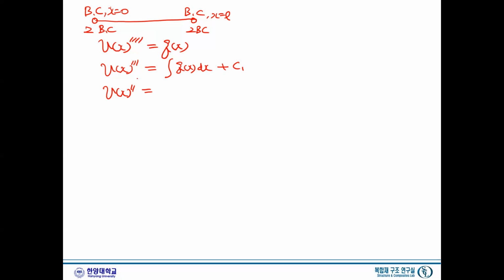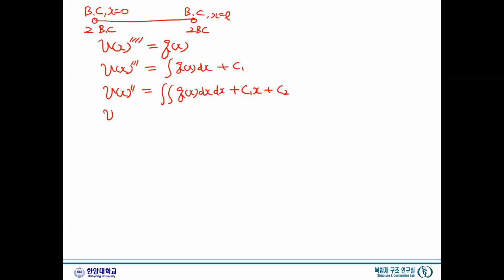So the third derivative will be simply the second derivative, and there we can integrate one more time. Please keep in mind that q is already known, so it's no problem to integrate one time and a second time and so on. Now here we need to integrate C1, so C1 times x, and now there will be another integration constant, let's call it C2.